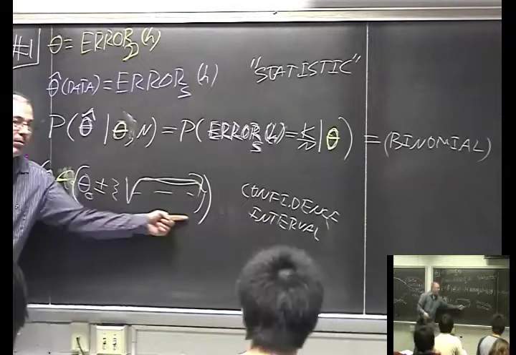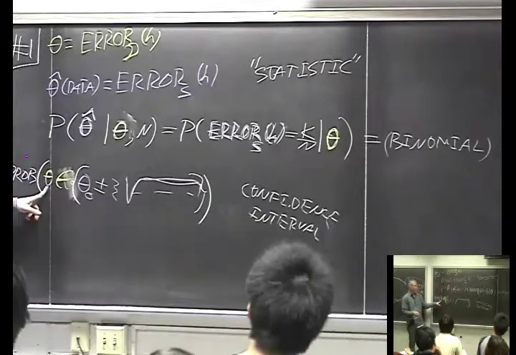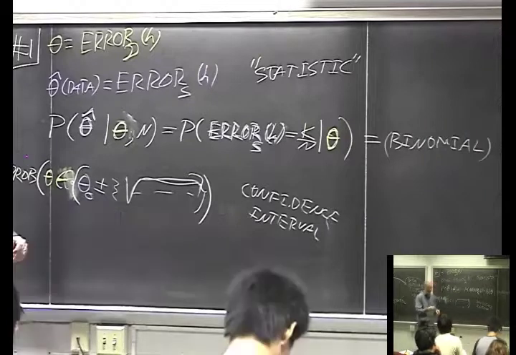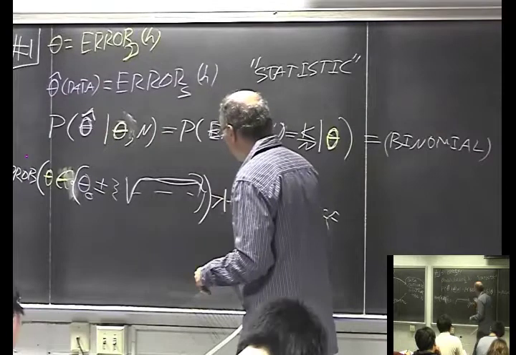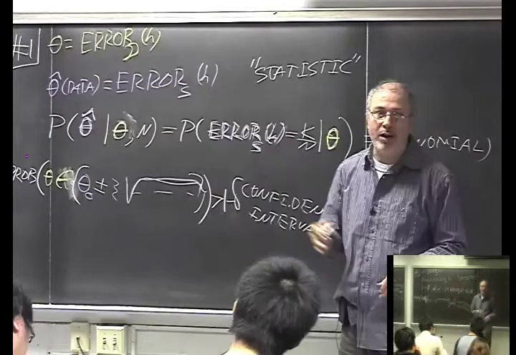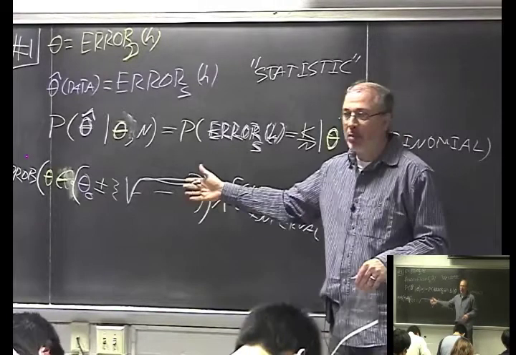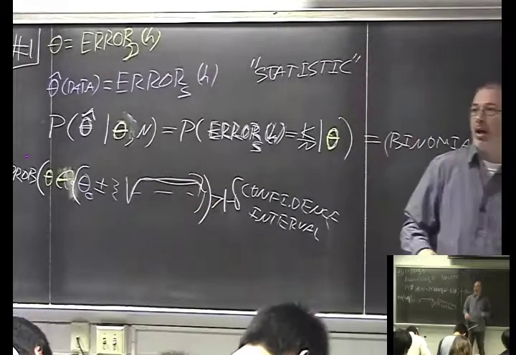This determines some from and to, some interval. The probability that the true value is in this interval is quite large. It's greater than some 1 minus delta. It's greater than 95%, greater than 99%. I just rehashed to you what we've already done before, but put it in the language of this formulation.